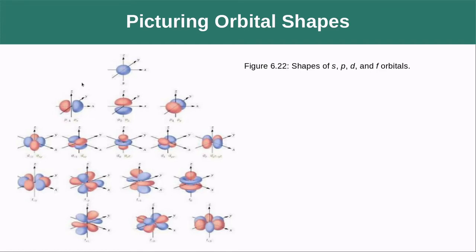So at negative 1, you're going to have your px orbital. At 0, you're going to have your py orbital. And then the last one, I don't know why the book arranged them this way, but at 1, you're going to have your pz orbital. So the number of m sub L values is the number of orientations that that orbital can take on. Here is where we see that there are 5 d orbitals, right? And these are all 7 of the f orbitals.